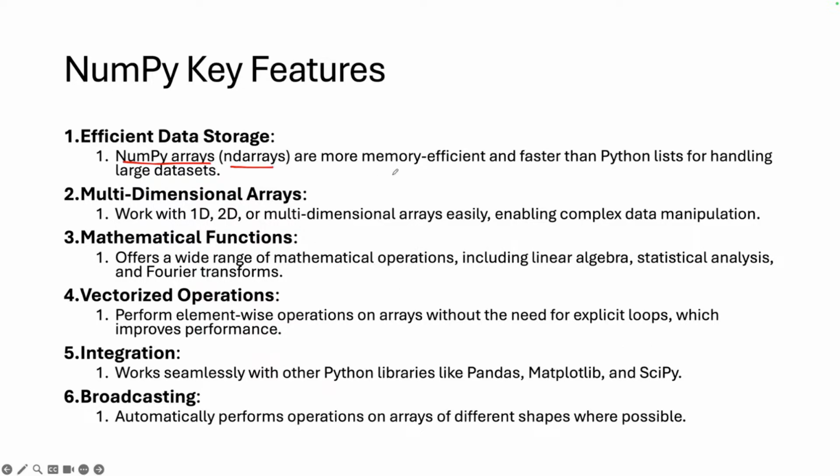They're very memory efficient, and they handle information and can perform operations very quickly, especially on large sets of data. So if you're working with a huge set of data and it's taking forever in your pandas data frame, that's the time you might consider leveraging a NumPy array for that data instead.